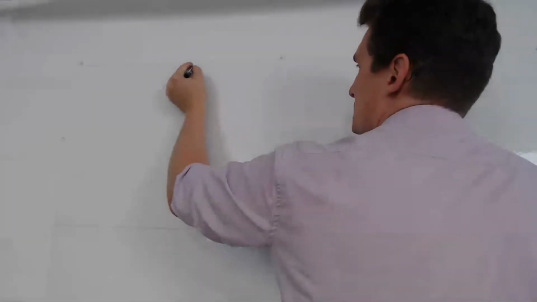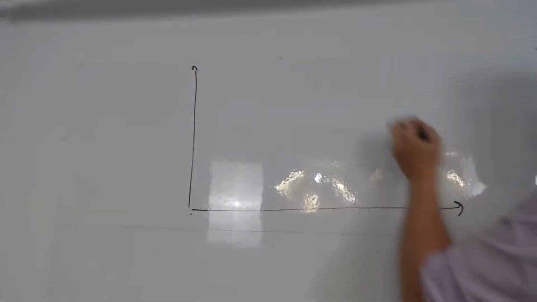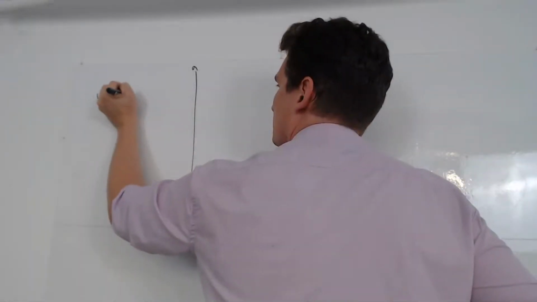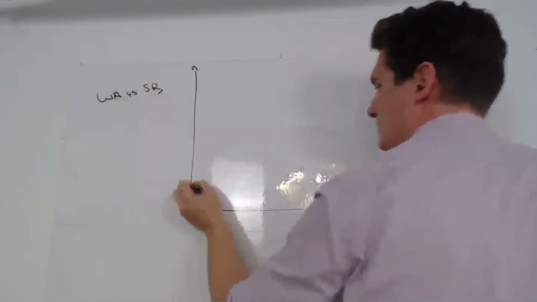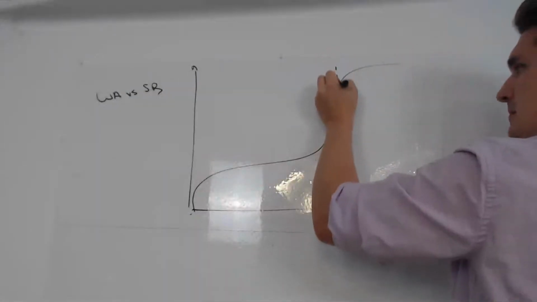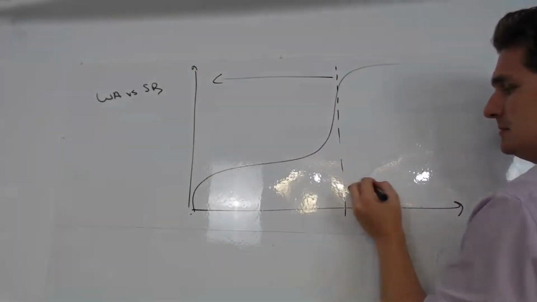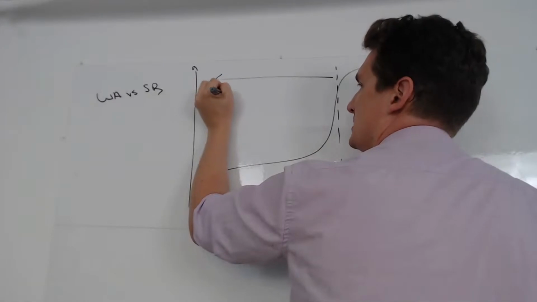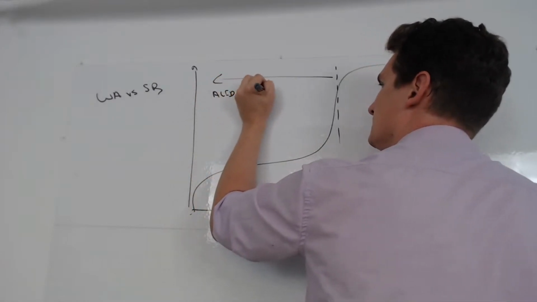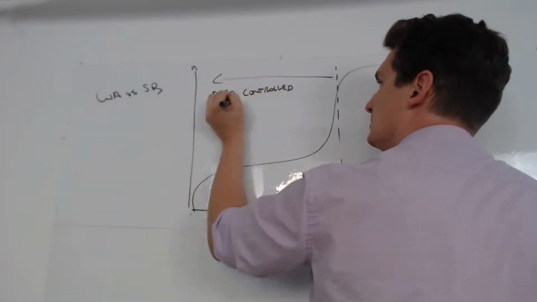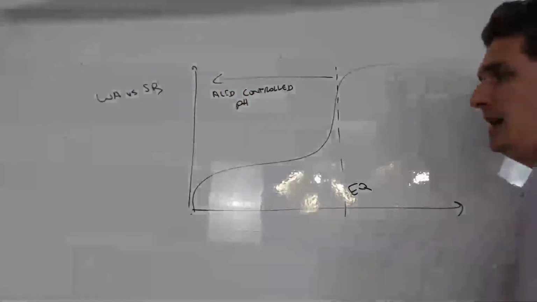So if you look at a full titration curve of a weak acid versus a strong base, beneath the equivalence point, this is acid-controlled pH. And we have two regions.